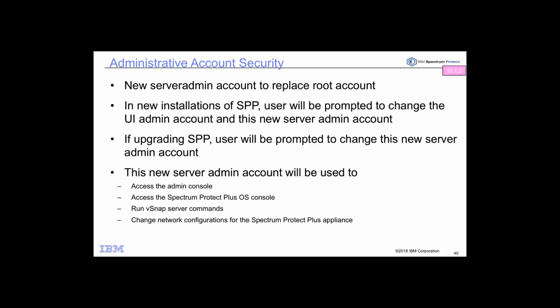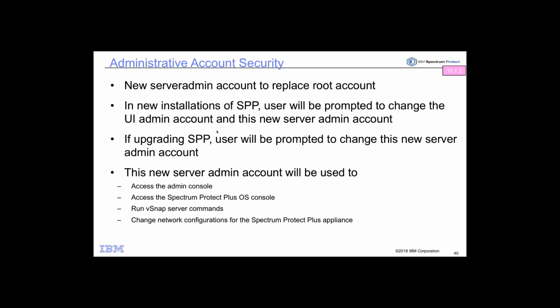We've also changed the administrative account security in Spectrum Protect Plus. You used to set up the networking as root, and from a security perspective, we decided to enhance that. So we've created a new account on the Spectrum Protect Plus appliance and VSnap appliances called Server Admin.